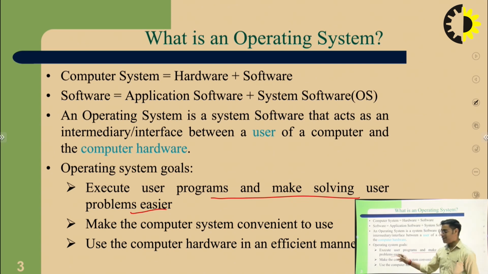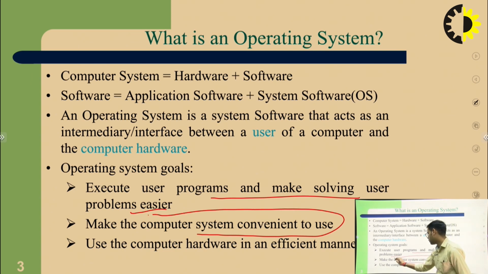Then the second one is convenience, to make the system convenient to use. As you can see, Windows operating system is very convenient because it provides a graphical user interface as well as a command user interface, but the graphical user interface is through which we can interact in an easier way.